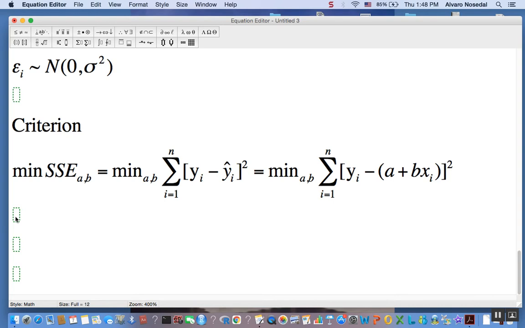Okay? So if we think about this, what we're basically doing is proposing a bunch of different linear models, and we measure the distance between our candidates and the observations. We square those distances, and we are going to keep the one that has the smallest distance, right?